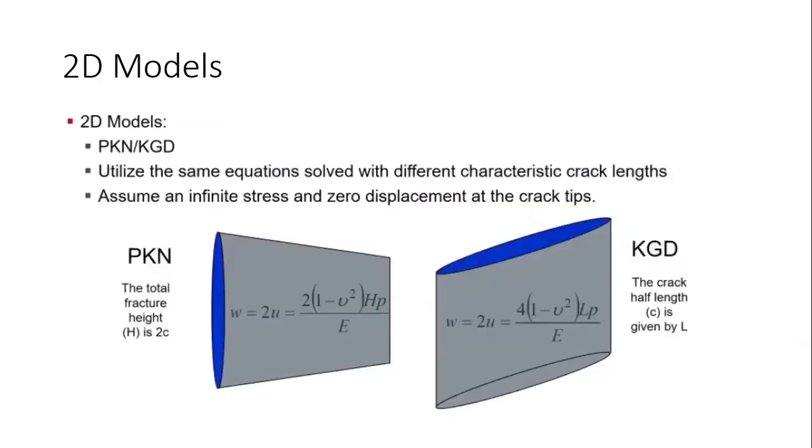Let's revise together the main concepts of hydraulic fracture modeling. The modeling for hydraulic fracturing started with 2D models, the KGD model and PKN, Perkins, Kern, and Nordgren, and the KGD model, Khristianovich, Geertsma, de Klerk.